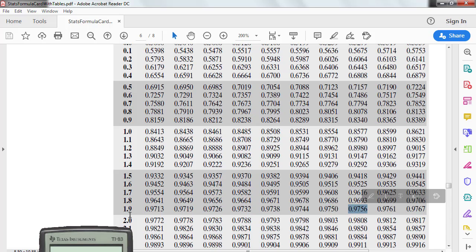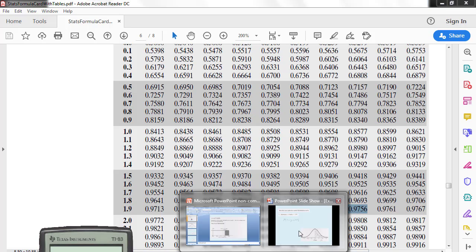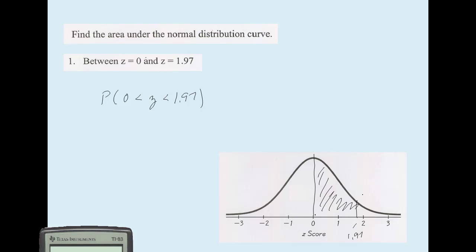So the area under the curve with a z-score of 1.97 is 97.56. So I'll go back to my picture here. So I know that this area here is 0.9756. And I also know that this area here is half, 0.5000, because it's halfway across the curve.